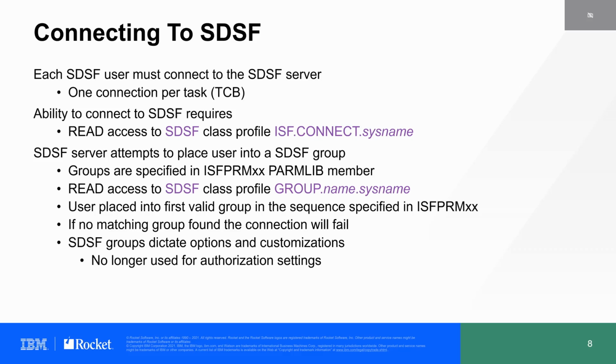So when the user attempts to connect, we will go through the groups in order in ISFPRM, and we'll try to assign you a group based on read access to a SAF profile, GROUP.name.sysname. If you get read access to that group, we will put you into that group. So you'll get into the first group specified in ISFPRM. If we can't map you to a group, then the connection will fail.